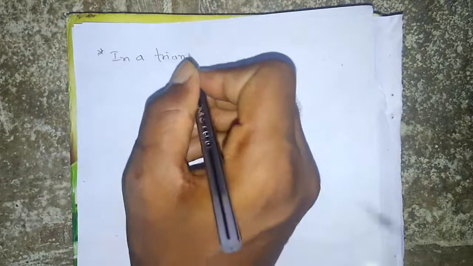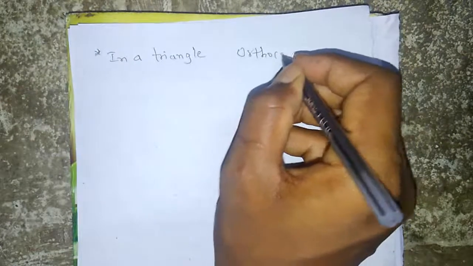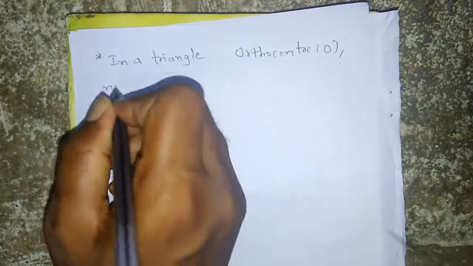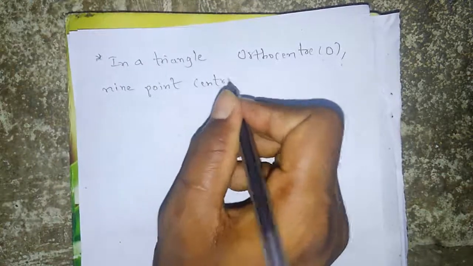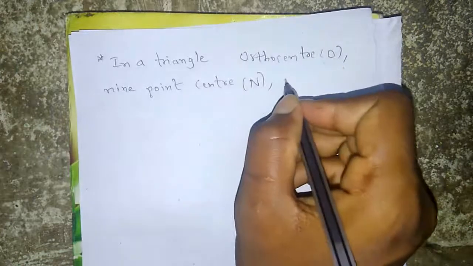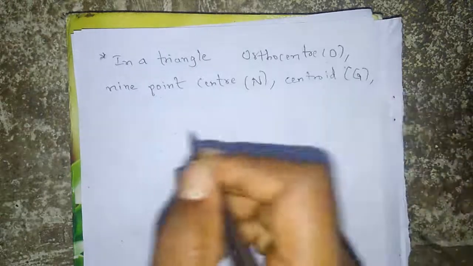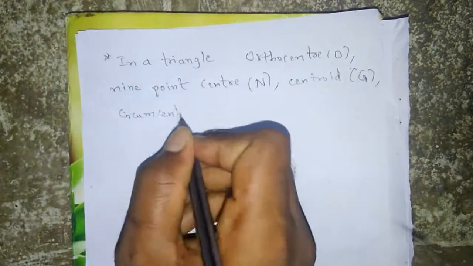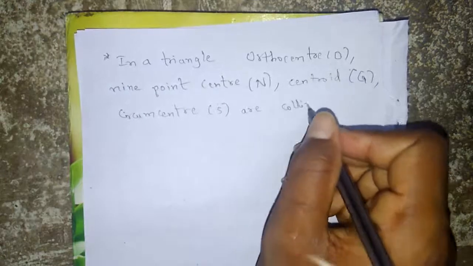Next point, in a triangle, orthocenter is capital O, 9-point center is capital N, centroid is capital G, circumcenter capital S. All these points are collinear.